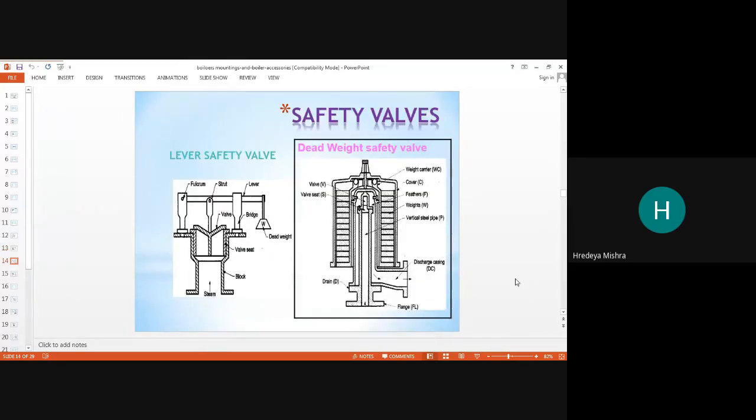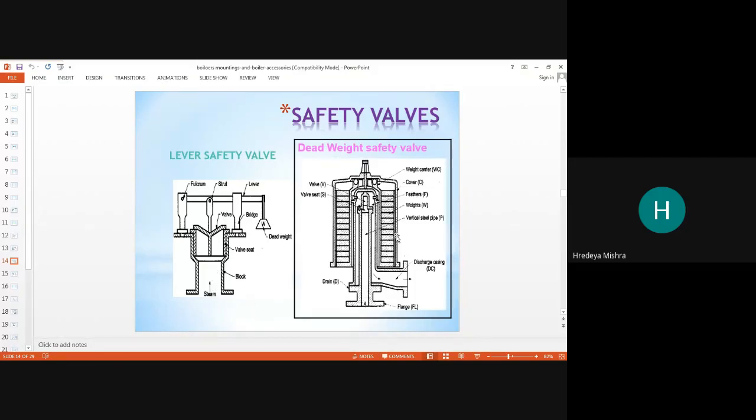Now, safety valve and dead weight safety valve. See, here is the safety valve, fulcrum, lever, and steam enters on this side.